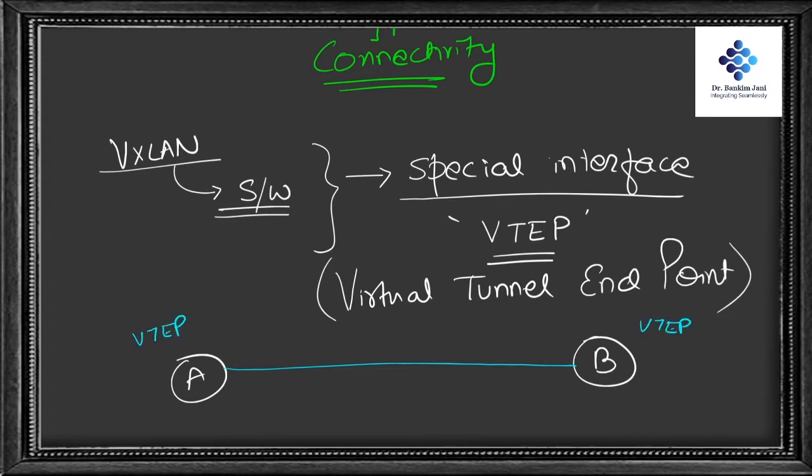There can be other VTAPs also, but this virtual tunnel endpoint is creating a path, and this path is for whom? This path is for VxLAN only, no one else. Only VxLAN would be understanding this VTAP point 1 to point 2.